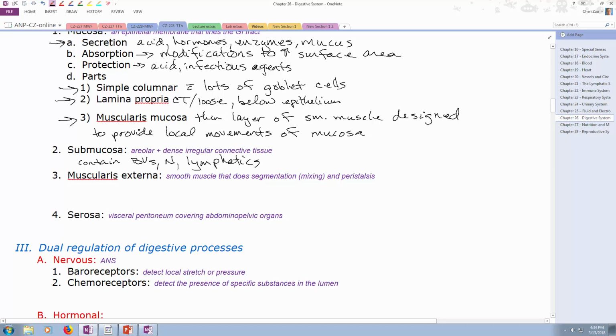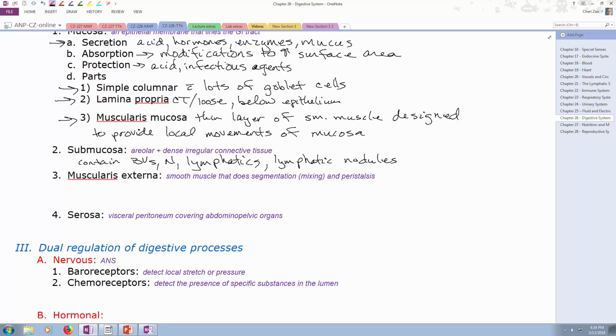The other thing too, based upon where you are, sometimes you'll have lymphatic nodules. And that's a feature that we talked about previously as Peyer's patches. And that was in our ileum. So that's where we find those Peyer's patches themselves.